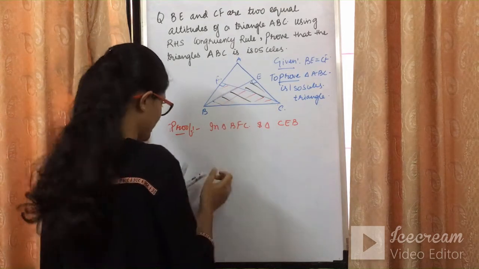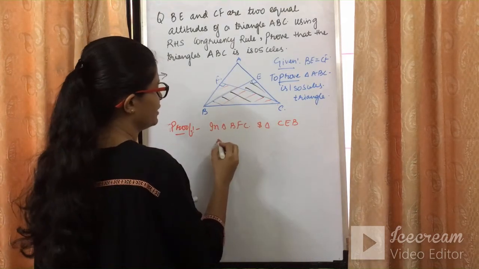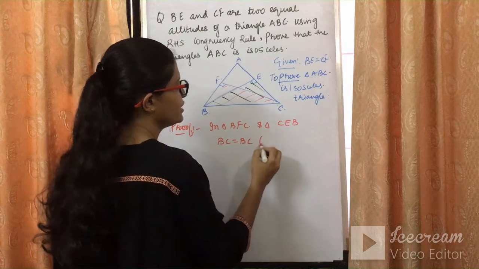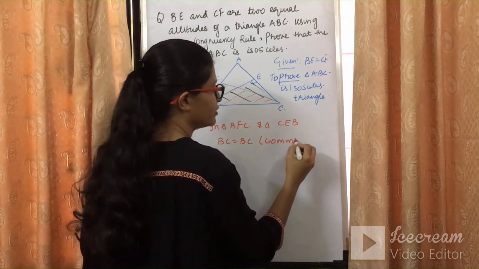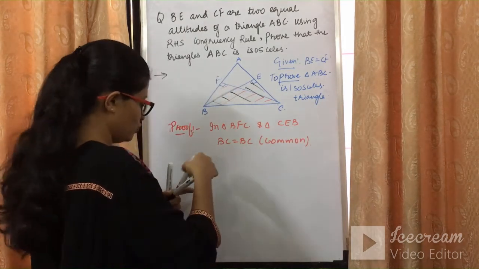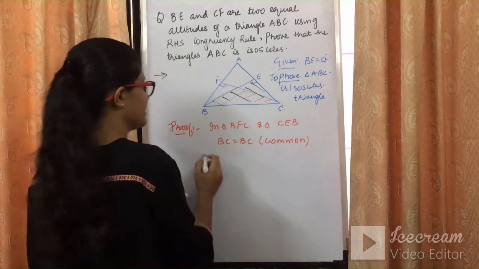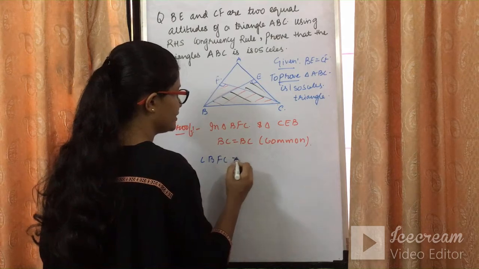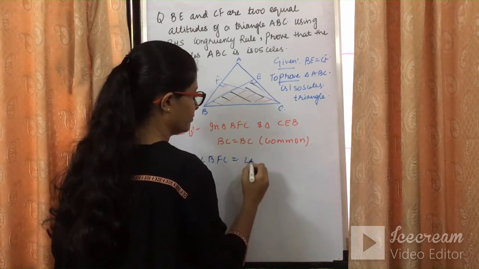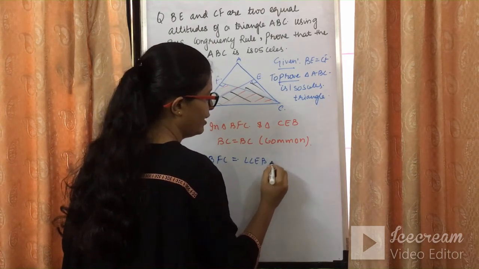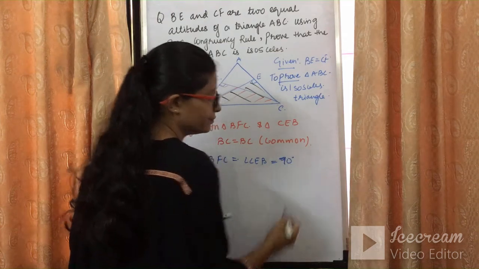So in these two triangles, can I say that BC is equals to BC, which is common between the two triangles? And can we say that this angle and this angle are equal? That is angle BFC is equals to angle CEB, both are 90 degree, that is right angle.